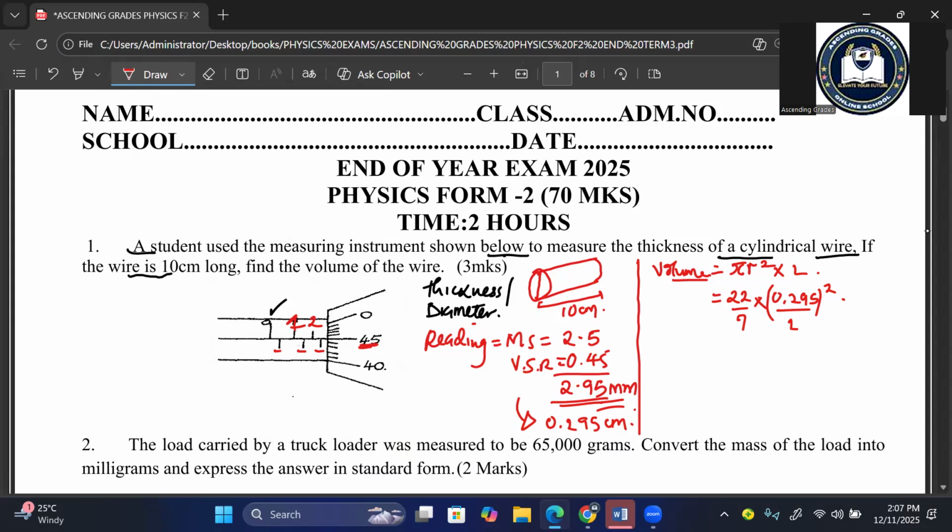Then times 10. When you compute all this, you're going to arrive at 0.6847 centimeters cubed.